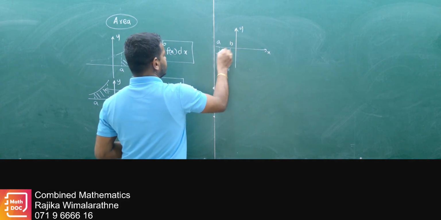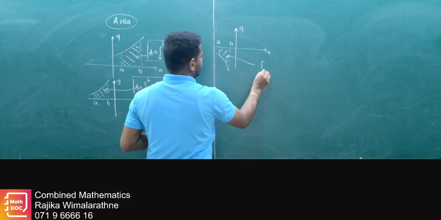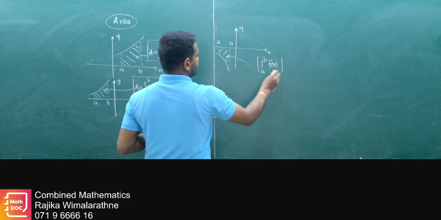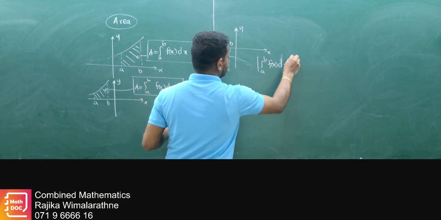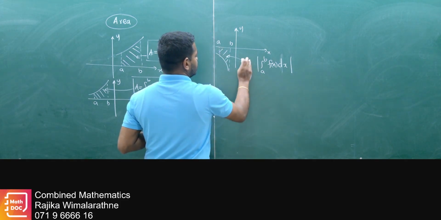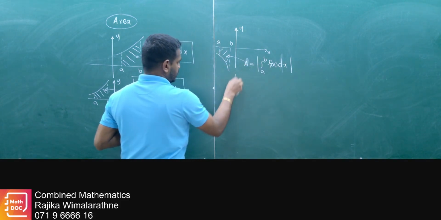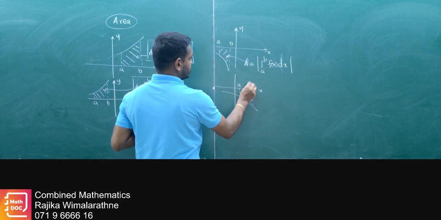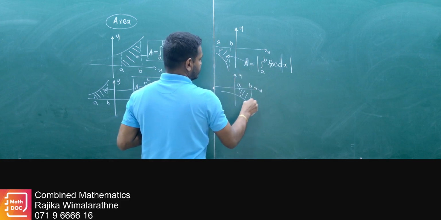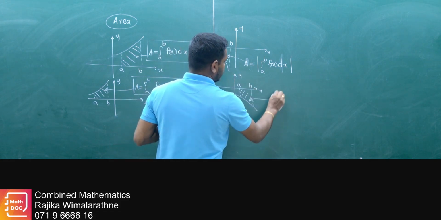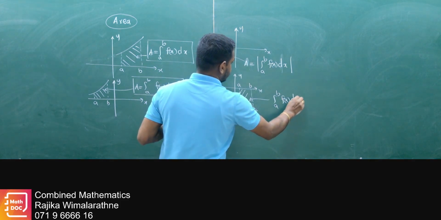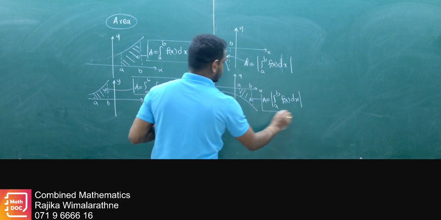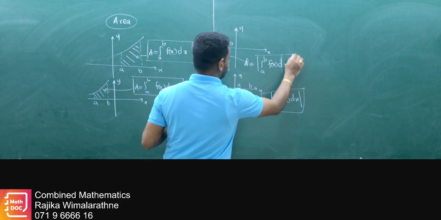Here AB, to find this area, you integrate a to b f(x), but need to put modulus, no? f(x) dx, put modulus outside. Here that represents the area. Then a function in the fourth quadrant, similar thing. To find this area, you say a to b f(x) dx, put modulus. That's how we find area.